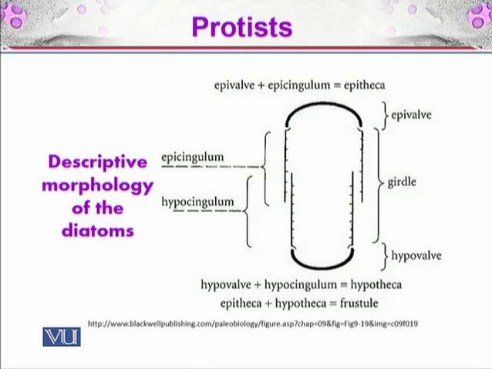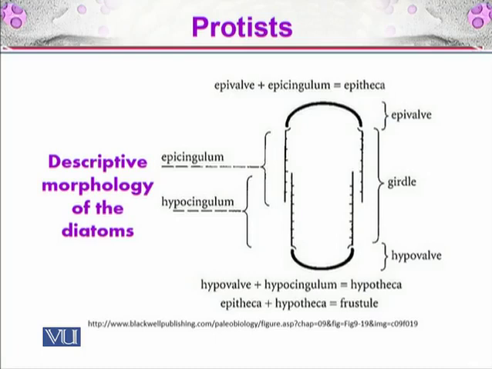And beneath the epivalve and girdle comes the hypovalve. Wherever the word epi comes, that means above, and wherever hypo comes, that means below. So hypovalve is the downward structure, which is below, right? Hypovalve and hypocingulum make the hypotheca, and epitheca and hypotheca make a complete frustule, and that we can see in the fossil record.